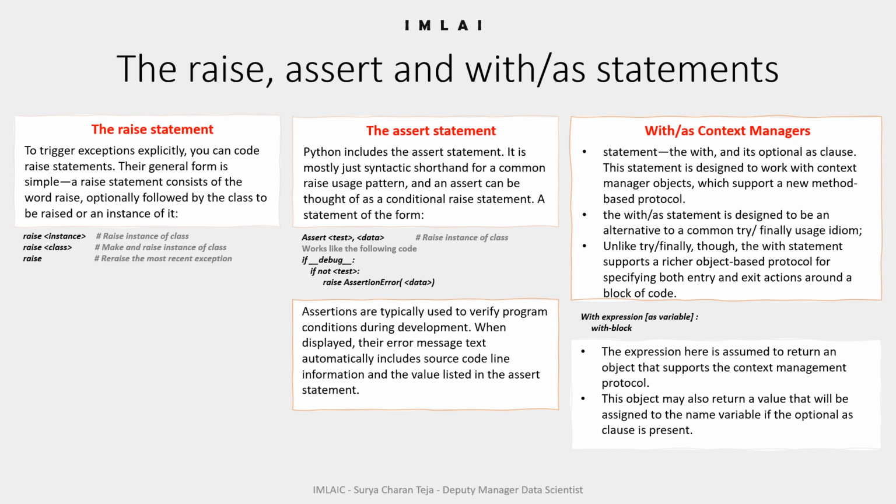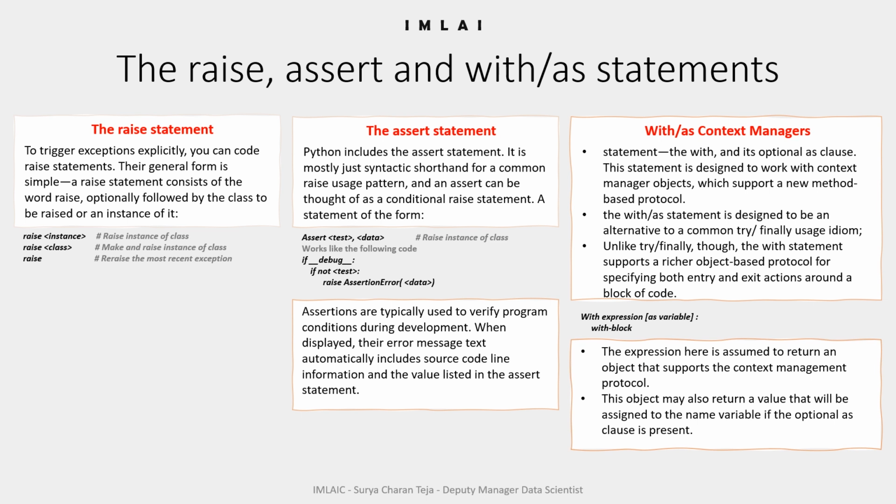Now the basic format of the with statement is what we have just seen. The expression here is assumed to return an object that supports the context management protocol. This object may also return a value that will be assigned to the name variable if the optional as clause is present.